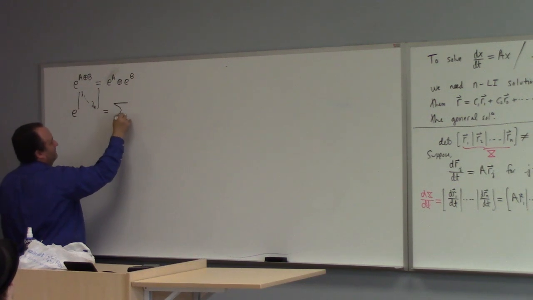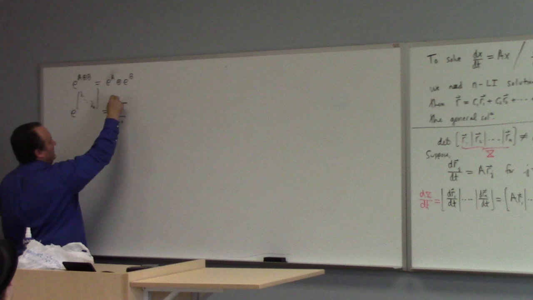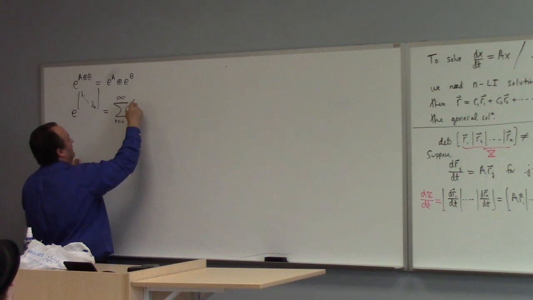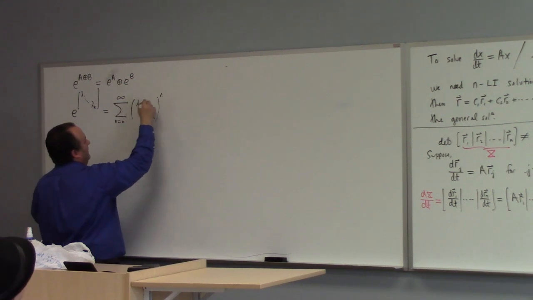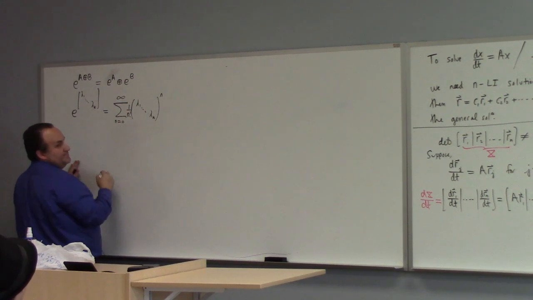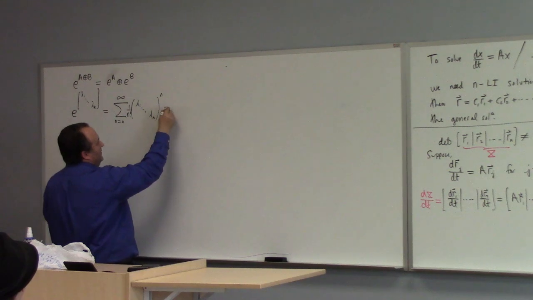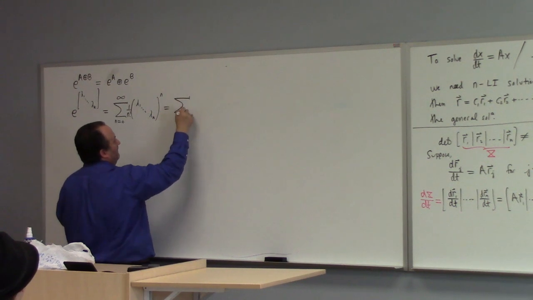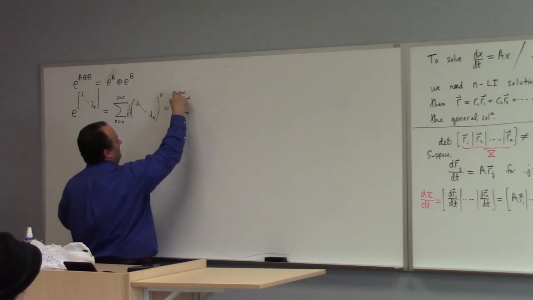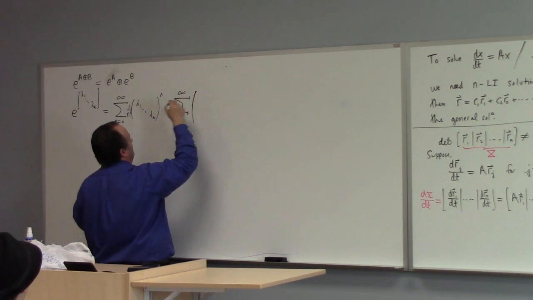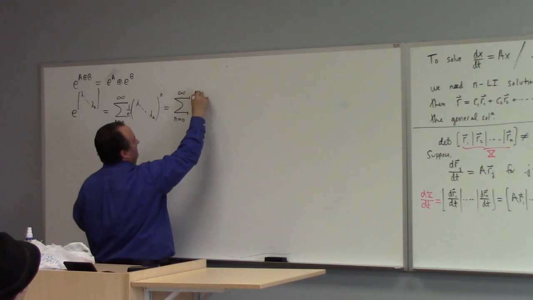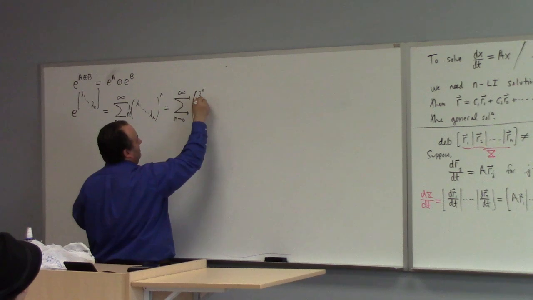That's the sum, n equals 0 to infinity, of the diagonal matrix lambda 1 through lambda k to the power n, and there's 1 over n factorial here, right? But what is the nth power of a diagonal matrix? It's lambda 1 to the n, and so on, and I can bring the n factorial inside here.